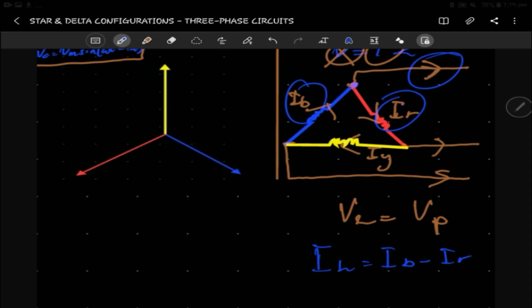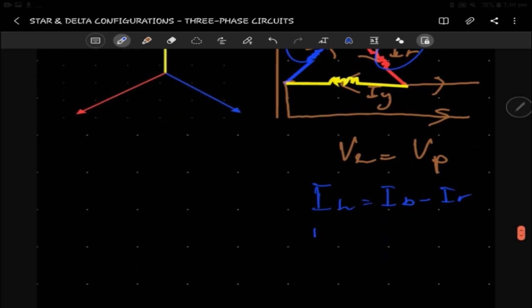And we know clearly that these are vectors. If you go through the effort of doing the computation, you get that the relationship between the line and the phase current for delta is that the line current is equal to root 3 times the phase current.